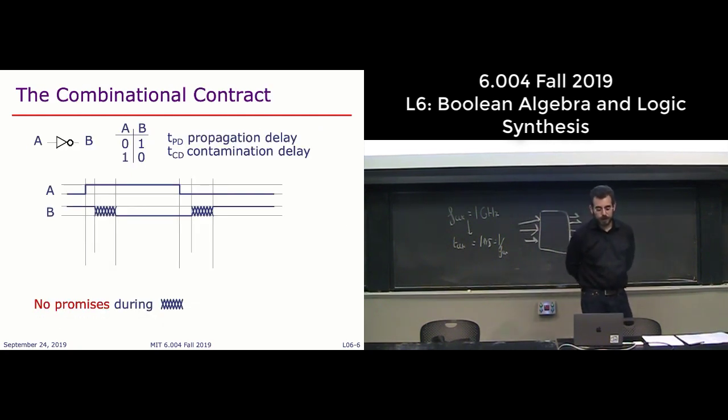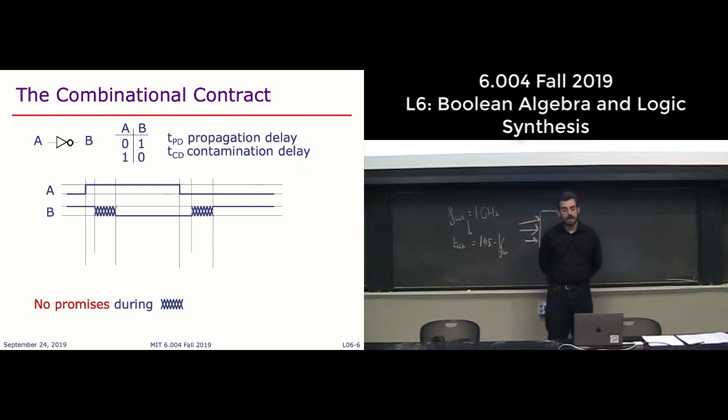So putting it all together, the entire combinational contract is, you have some combinational device, some functional specification, and some timing specification that depends on the propagation delay and the contamination delay. Given this, and given that we have digital outputs, we typically represent the input and output waveforms using the simplified values where we have a digital 0 and a digital 1.